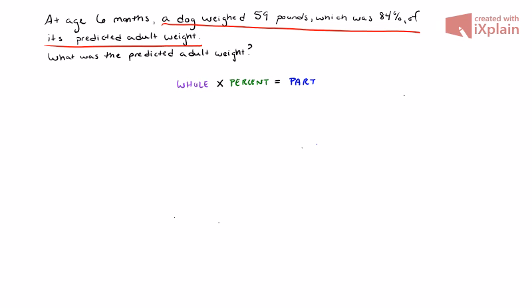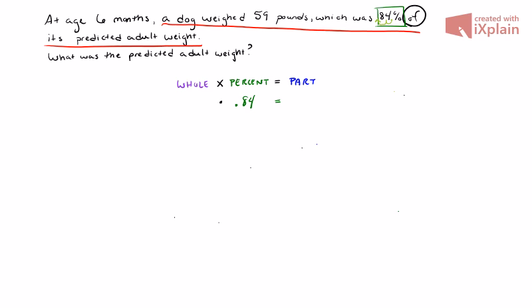I want you to note here that the word "of" is coming through. So the word "of" pertains to multiplication. Here we have 84%, so that's clearly our percentage. We would want to convert that into its decimal format. So again, locate that decimal point and scoot it in 2 spaces. So we now have our multiplication, and we also have our percentage as its decimal.